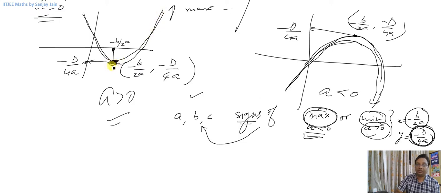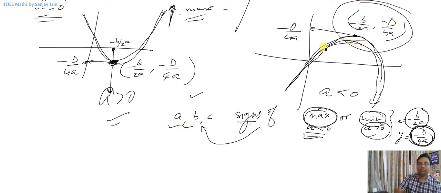It cannot go below this, but when it is opening upwards, the maximum value is not defined or does not exist. So let us draw various graphs and discuss the signs of A, B and C, and we will also see the usage of maximum and minimum value of the quadratic expression.